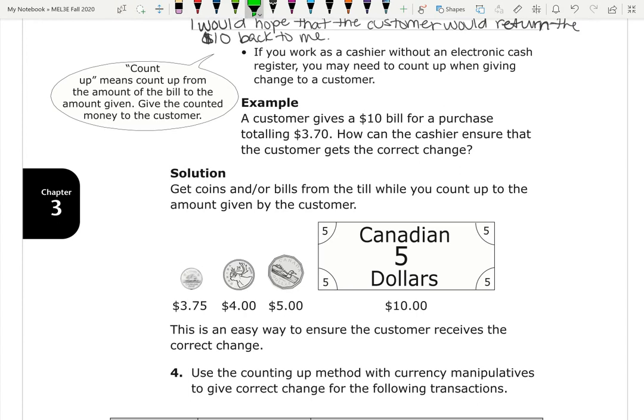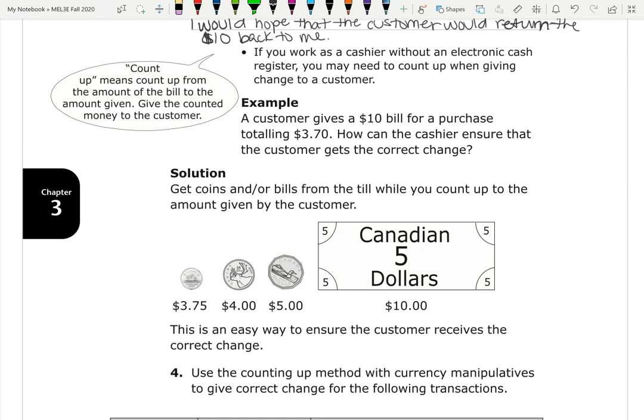And one way is called the counting up method. So you start with how much the customer owed you, and then from there you count all the way up to how much the customer gave you, and that's actually the change or the difference that you need to return to the customer. So when you talk about change, this is actually subtraction.